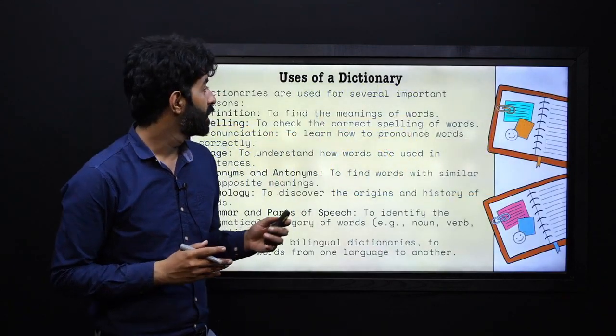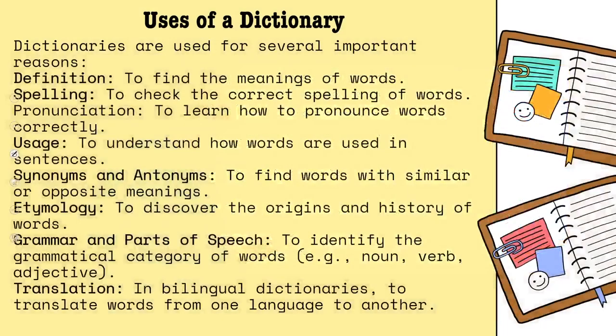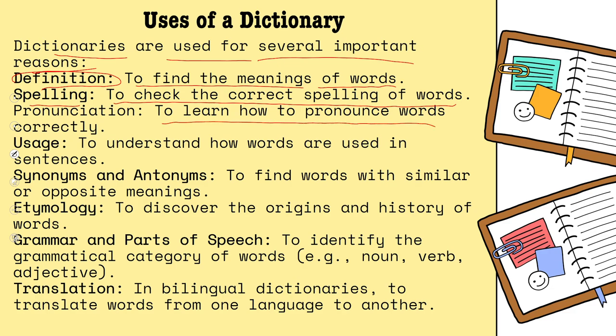Now, let's talk about use of a dictionary. Let's see, what do we use dictionaries for? Dictionaries are used for several important reasons: to look up the definition of the word, to find the meanings of words, for spellings, to check the correct spelling of words, to learn how to pronounce words correctly, and also to understand how words are used in sentences.